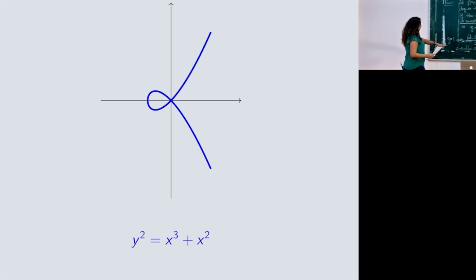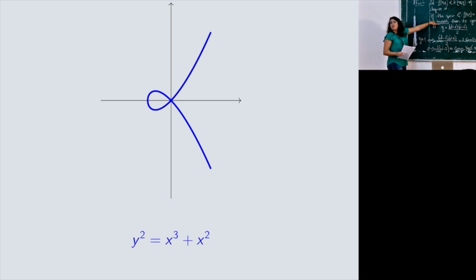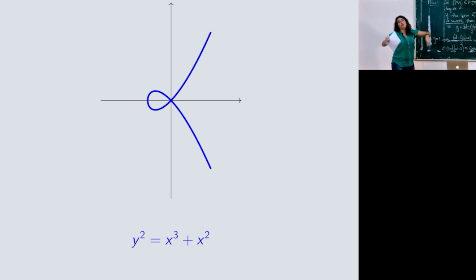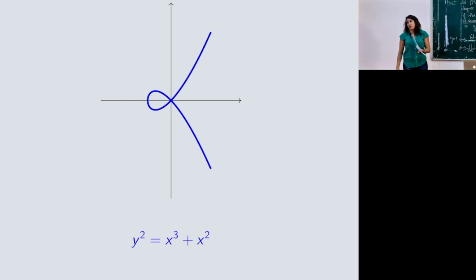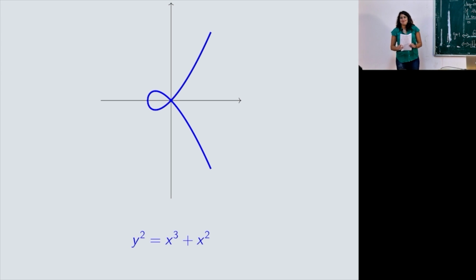For a smooth curve, yes, smooth from a projective point of view. If the curve is non-smooth, then you cannot calculate the genus like that. Okay, thank you.